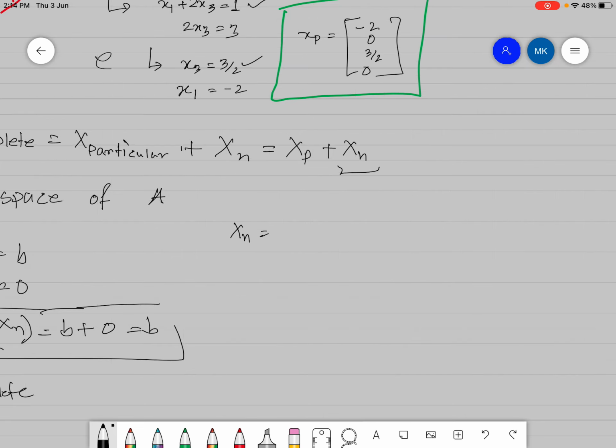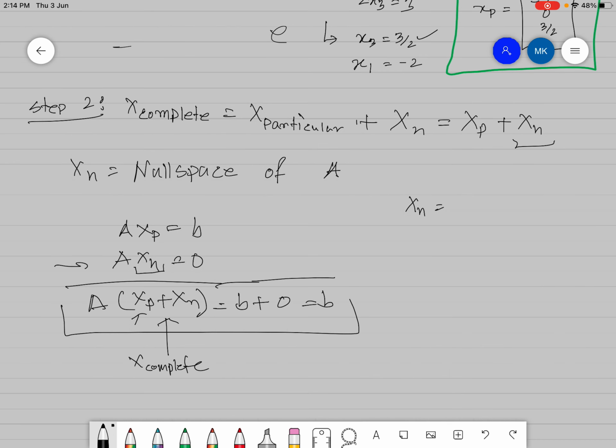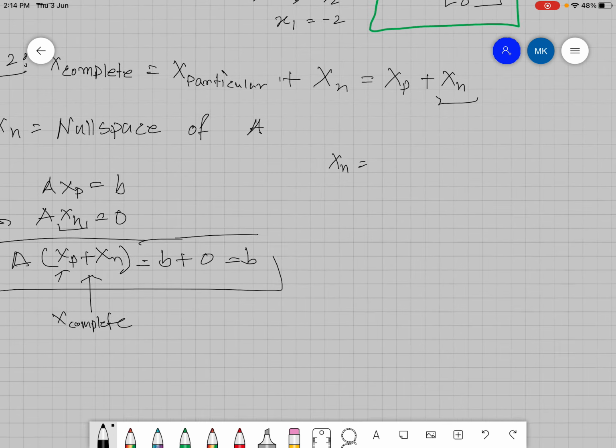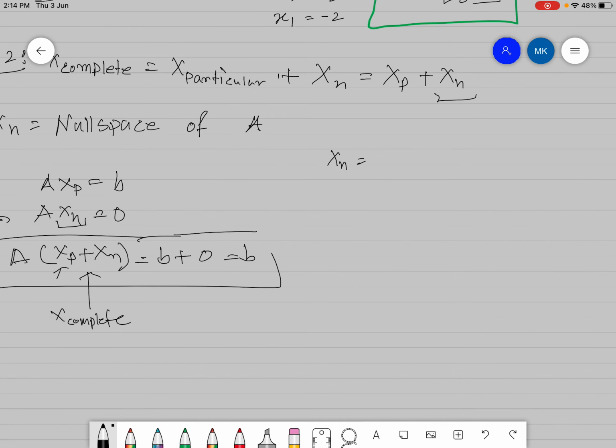The null space, just please refer to the last video, which is lecture 7. So it was basically, if I'm not wrong, one solution was -2 1 0 0, and another solution was 2 0 -2 1.